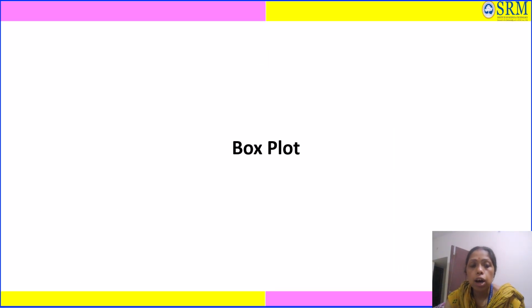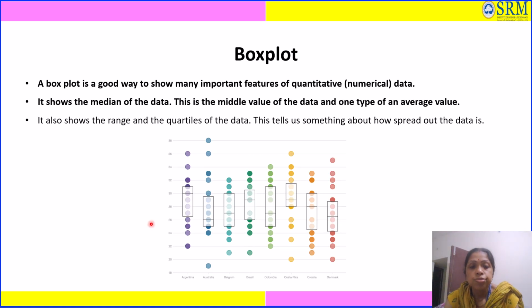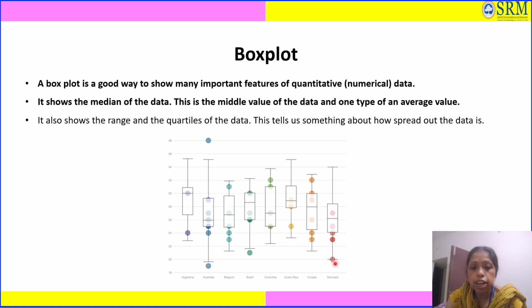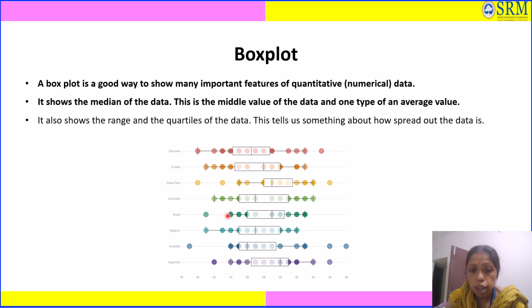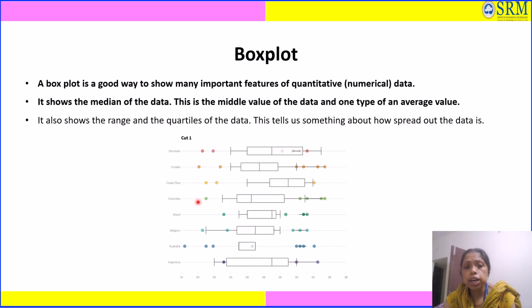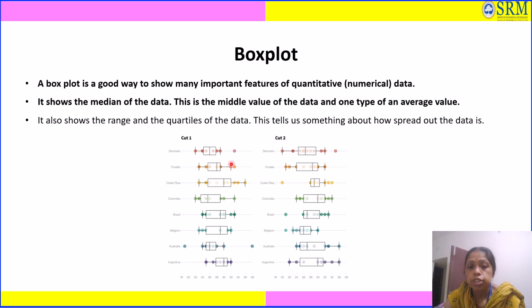Now the box plot. Box plot is for any column. Normally, if you want to visualize any column to see whether any external values are available or not, you can use the box plot. Suppose there are 8 columns. How are the 8 columns distributed in a range?